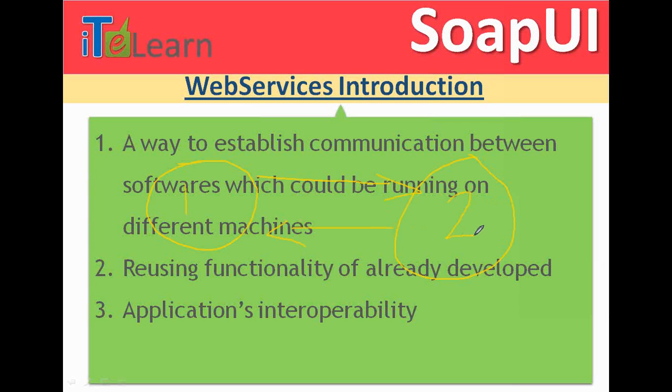How will they communicate? Suppose the first software sends a request, and the second, as a server, sends a response. This second software has exposed some functions or methods, method 1 and method 2, to the outside world so that they can use them without any restriction.